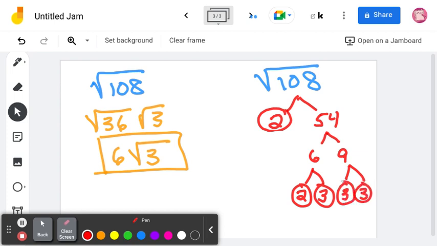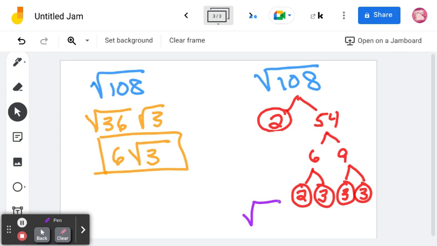So now what happens, let me make my square root symbol. You take the matches and you move them out in front. So it's like go fish, like a pair. I got a pair of 2s, and that's going to go out front. And then I got a pair of 3s, and that's going to go out front. And you multiply them.